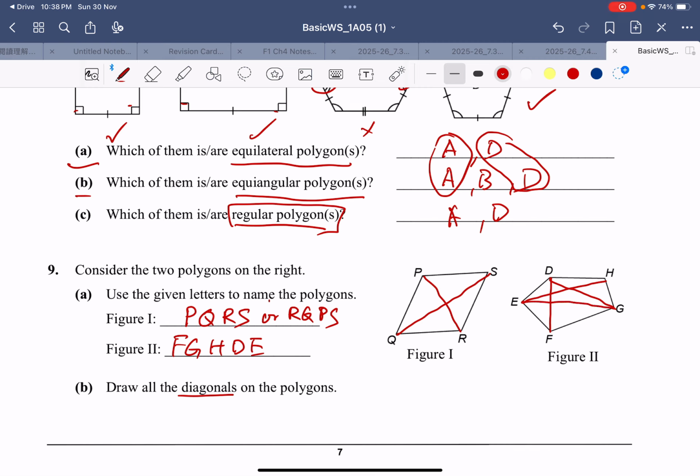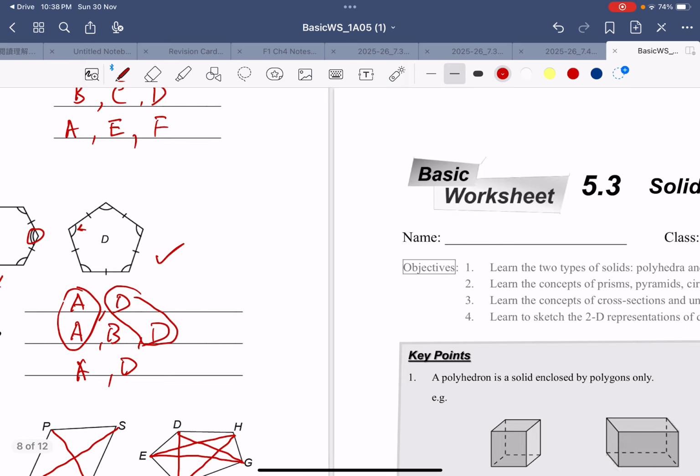No. And moving from E to F, so join FH, and no more, right? So how many diagonals here? 1, 2, 3, 4, 5. 5 diagonals. 2 diagonals here. Diagonal means 對角線. Okay?